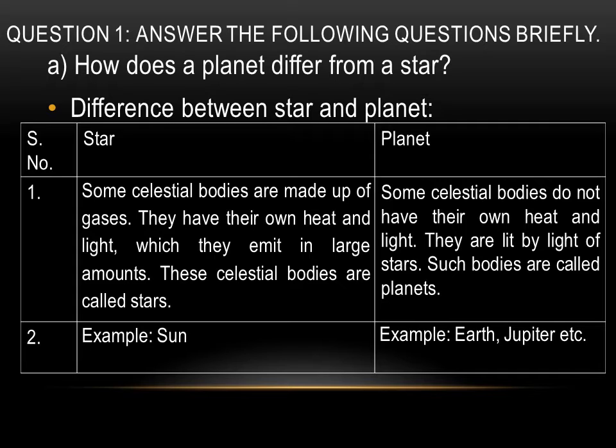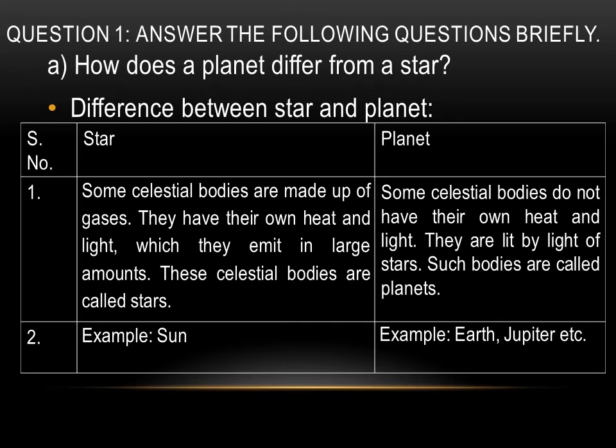So what will be the difference? If stars have their own heat and light, planets do not have their own heat and light. Let's read it. Some celestial bodies do not have their own heat and light. They are lit by light of stars. Such bodies are called planets. Example of star, Sun.